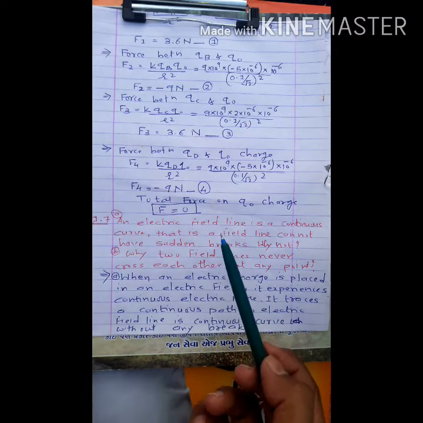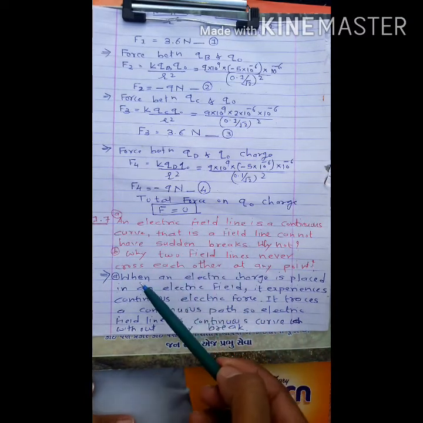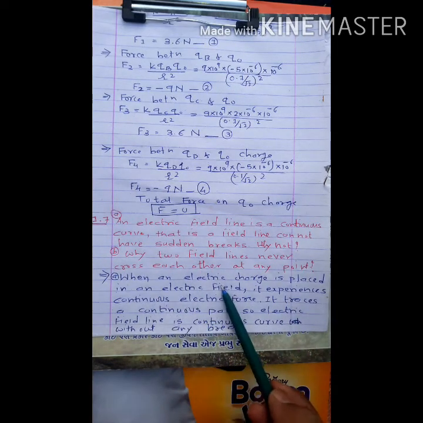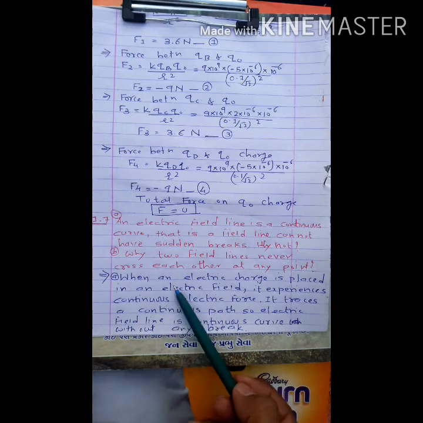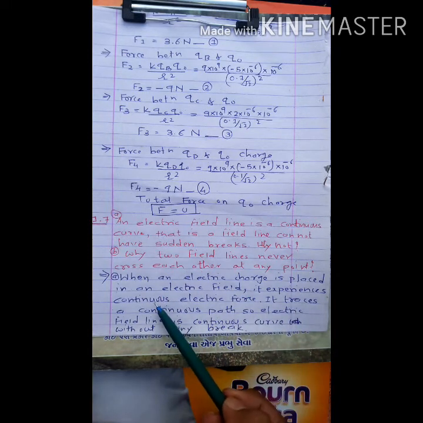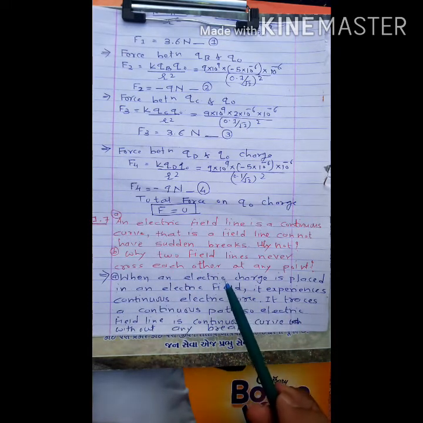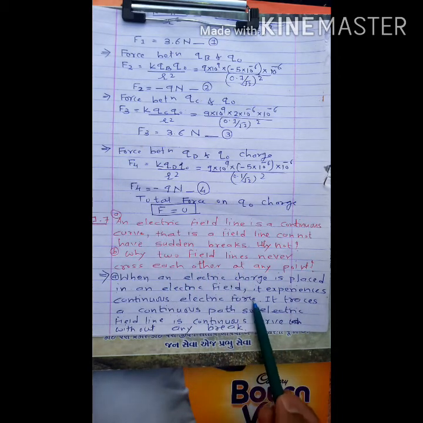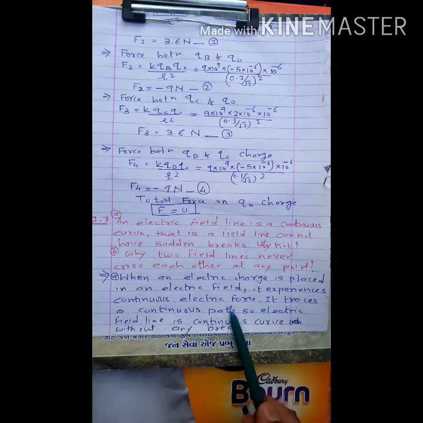The solution of our first question is, whenever we consider an electric charge placed in an electric field, it experiences a continuous electric force. Okay, the electric force acting on this charge is continuous and it traces a continuous path.